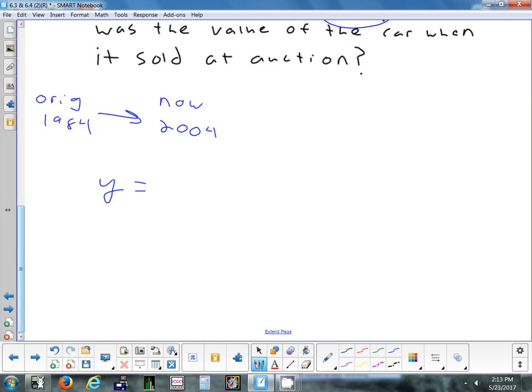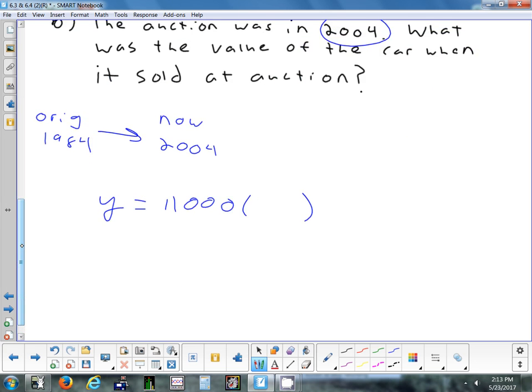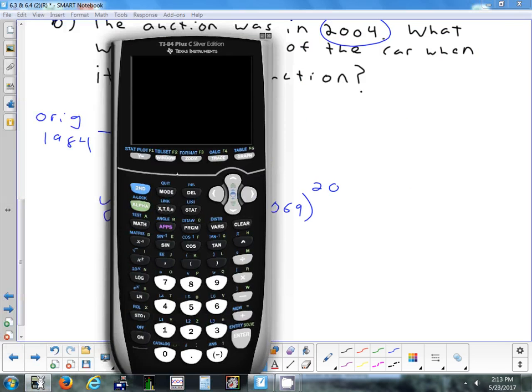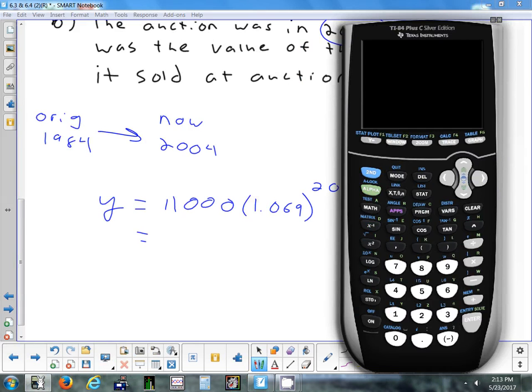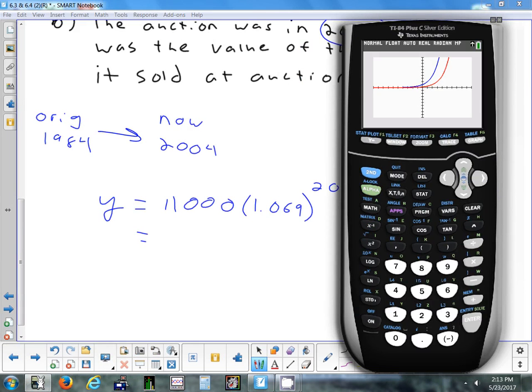So the value of the car 20 years later is the original amount times what's in the parentheses, 1.069 to the 20. Okay, if we want to type this in, you can type it in all at once. The calculator will handle order of operations.